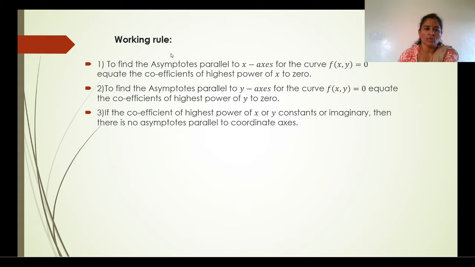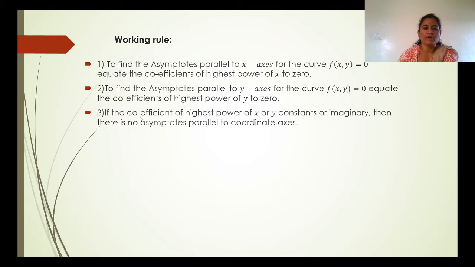Our working rule to find the asymptotes parallel to the x-axis for the curve f of x, y equal to 0: equate the coefficient of the highest power of x to 0. To find the asymptotes parallel to the y-axis for the same curve, equate the coefficient of the highest power of y to 0.